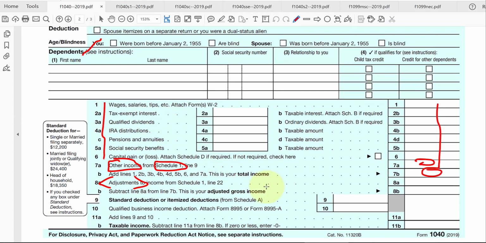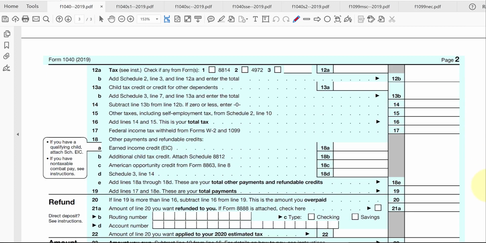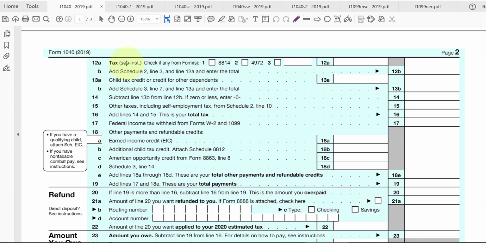You can see we're just bouncing around from form to form. Here, all the adjustment deductions, the adjustments that we subtract to get our AGI. You subtract out the standard or itemized deductions we learned last semester to get our taxable income.